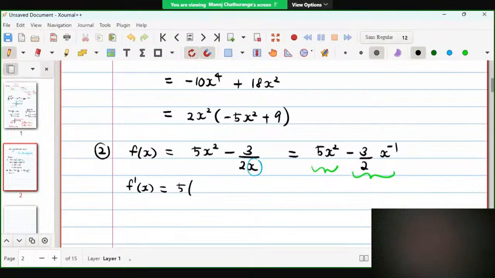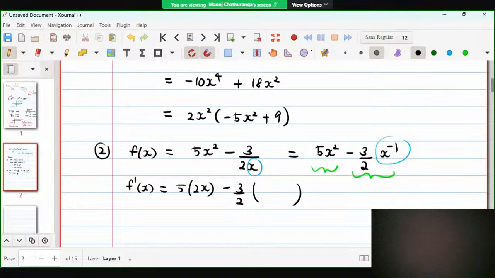Then differentiate the function x squared. That's 2x. Nice. Then for the second term, constant is minus 3 divided by 2. Okay, let's keep it in front and differentiate x to the negative 1.